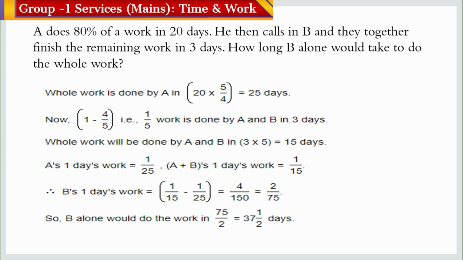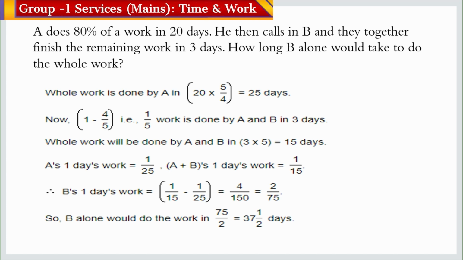At that particular time A takes the support of B. A and B together work and they completed the remaining 20% work in 3 days. So if B works alone, how many days will it take to complete that work? B works alone. This is the question.